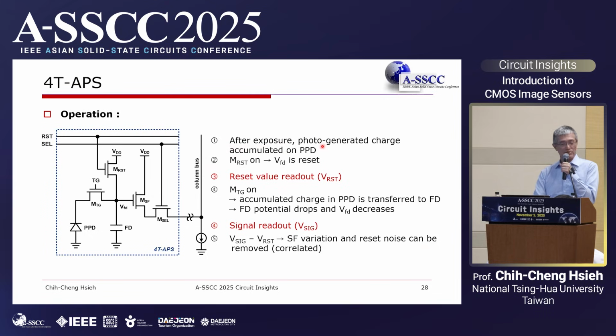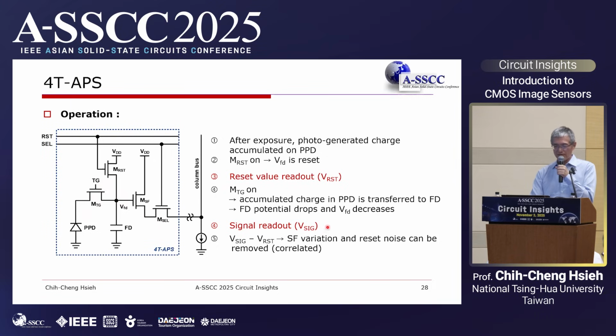Again, after exposure, we reset the FD first. Then we read the reset level first, including the KTC noise. After that, we turn on this transfer gate. The accumulated charge on the photodiode will be transferred to node FD, and then we read out.